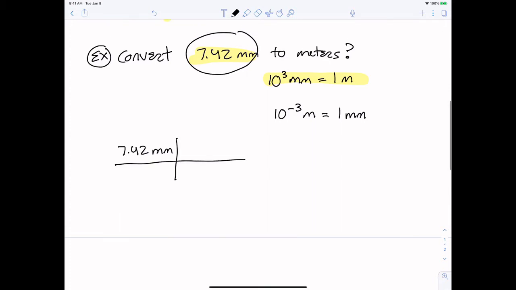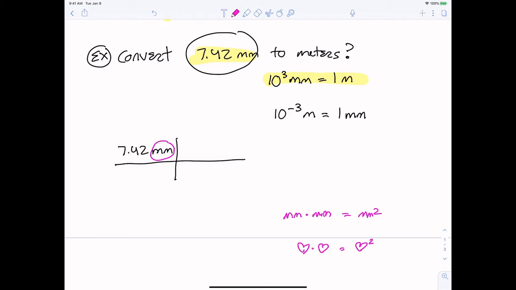So what I'm going to notice is that millimeters are on top. I know to make them cancel, they have to go on the bottom. If I was to take millimeters and multiply it by millimeters, I get millimeters squared. Just like heart times heart is equal to heart squared. If I want it to go away, it has to be on the bottom.